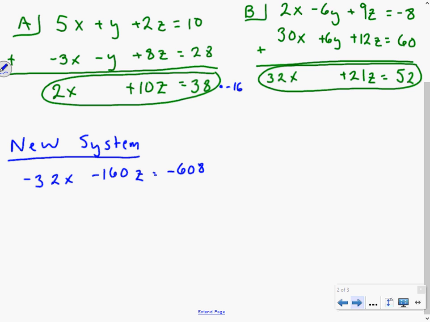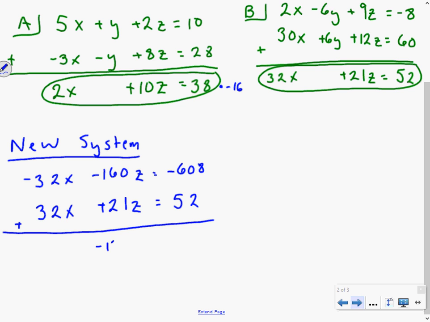And then my second equation, B, is going to go underneath, and we're going to do elimination to cancel out those x's, and we'll be able to actually solve for z now. So when I add, the x's cancel, and I'm going to be left with an equation with a single variable, and once we hit that spot, things start getting easier for us.